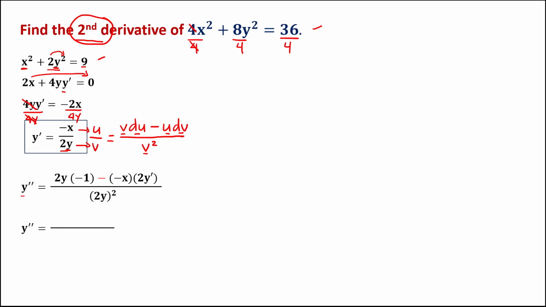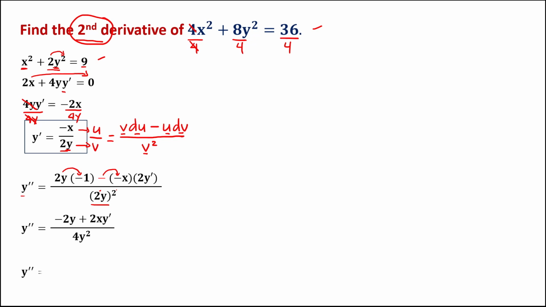Then to simplify, this becomes negative 2y, and negative times negative becomes positive 2xy prime. Then 2 to the power 2 is 4y squared.